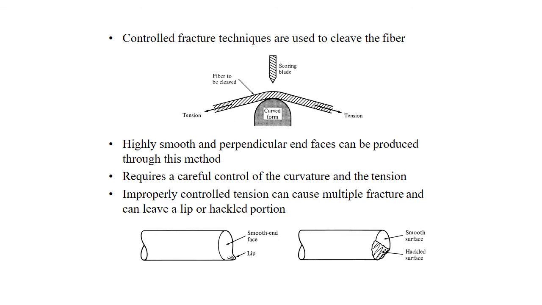The maximum stress occurs at the scratch point so that the crack starts to propagate through the fiber. If the stress distribution across the crack is not properly controlled, the fracture can fork into several cracks, which may lead to the introduction of various types of defects in the fiber.